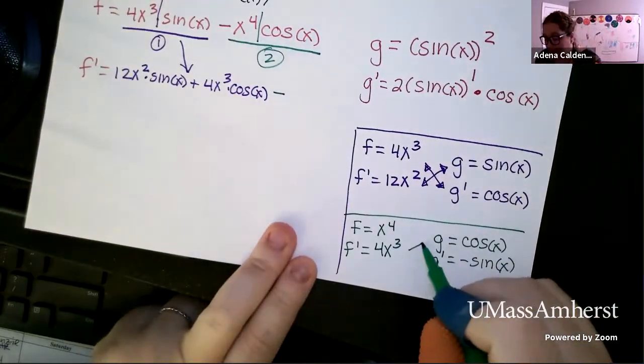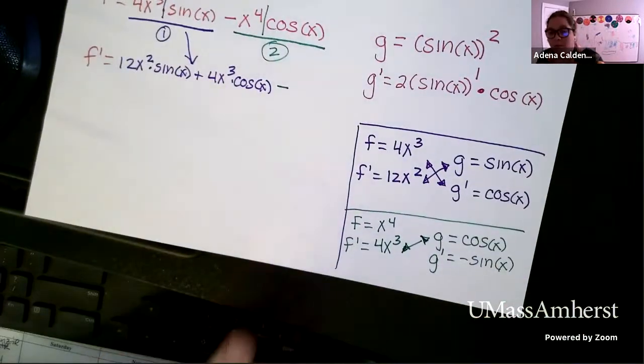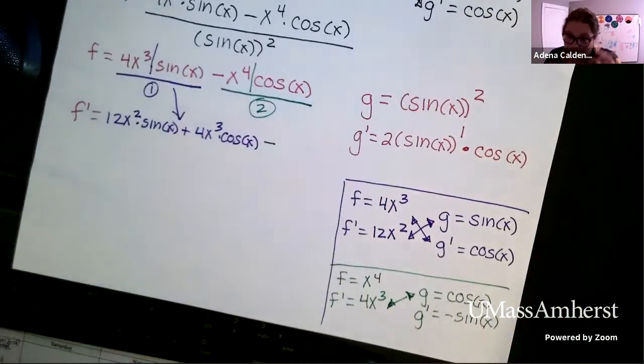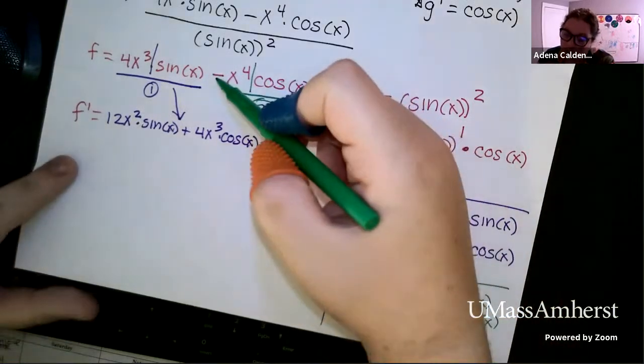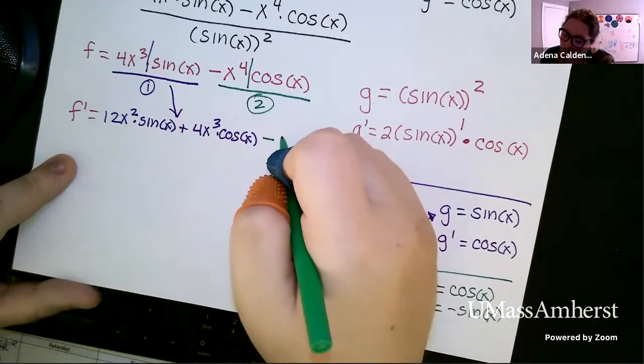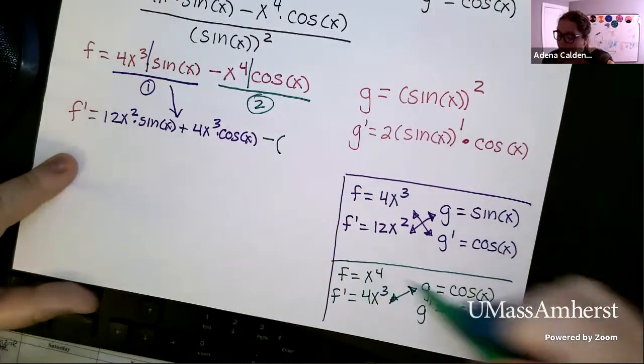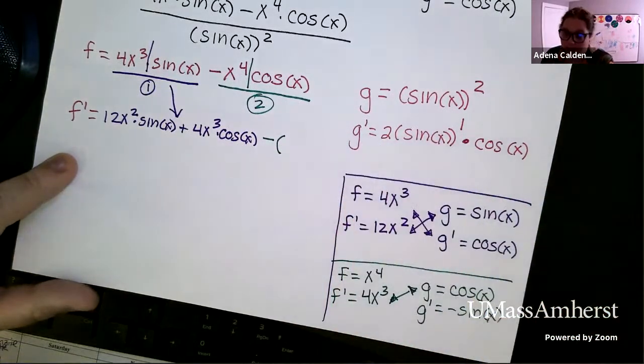So now again, I need to do f prime times g plus g prime times f. However, I want you to notice that this was a minus. Since we subtracted off this entire term, we have to subtract off the entire product rule here. So I'm going to use parentheses and then put my derivative in the parentheses.